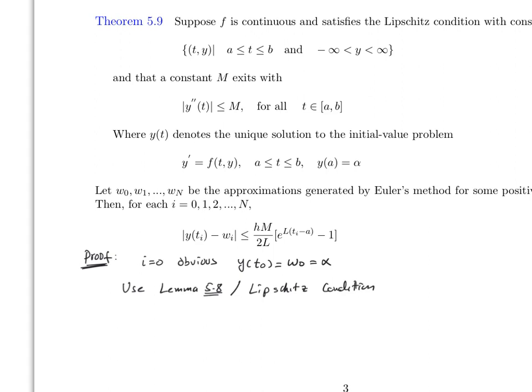Now, there is a big weakness with this error bound, and the main weakness is that this one requires that you know the second derivative of the solution. So if you already knew the solution, why would you try to approximate it?